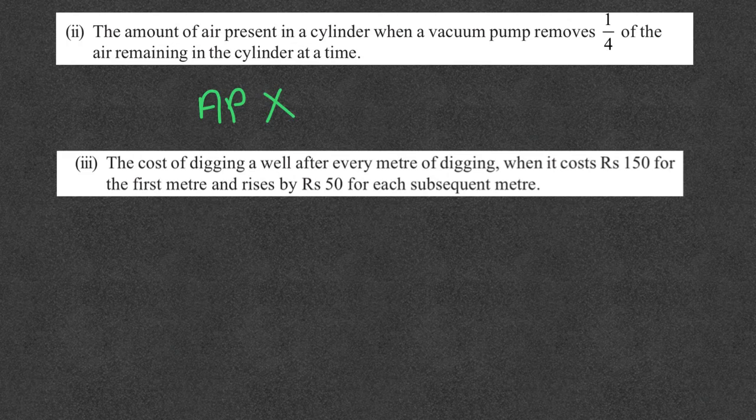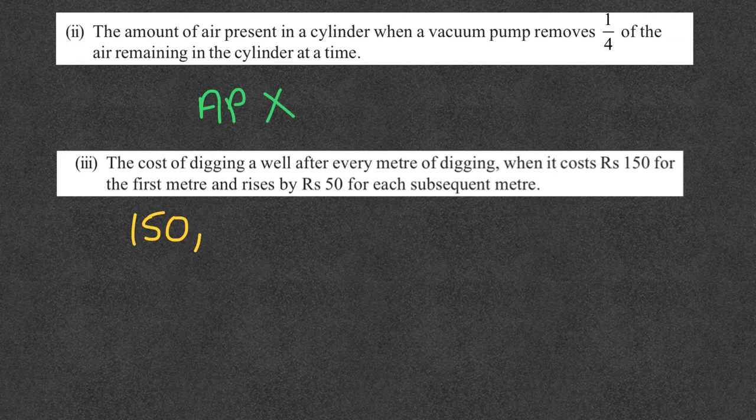What about this? The cost of digging a well after every meter of digging, when it costs 150 rupees for the first meter and rises by 50 rupees each subsequent meter. So for the first meter, the cost is 150 rupees.